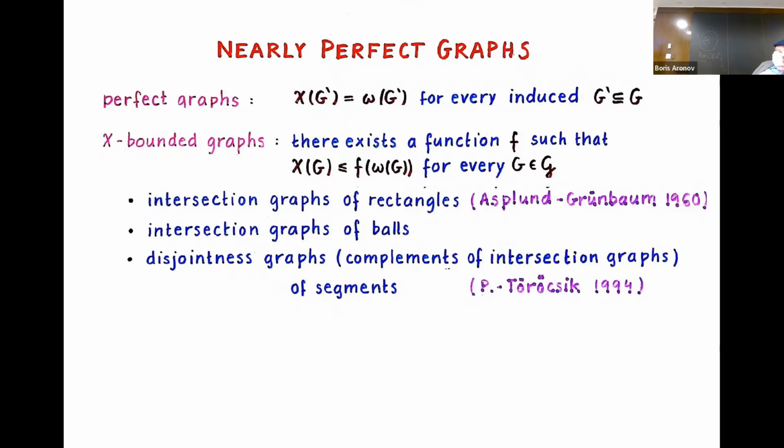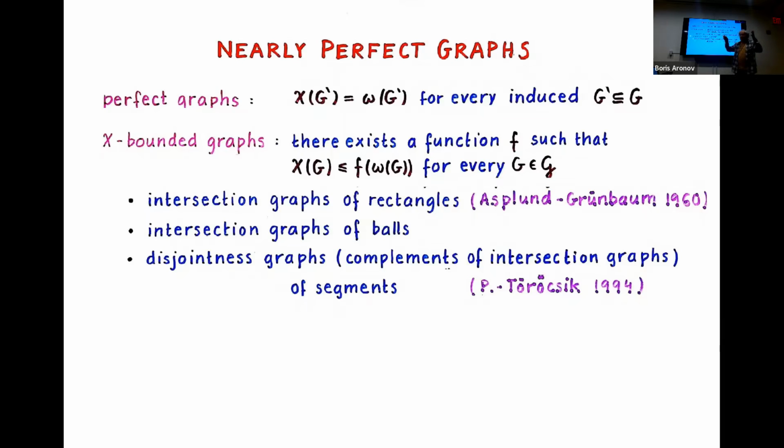And then the same is true for intersection graphs of balls in any dimension, or if you look, instead of intersection graphs, at disjointness graphs. Again, disjointness graph of balls: to each ball you assign a vertex, and now you connect them not when they have a point in common, but when they are disjoint.